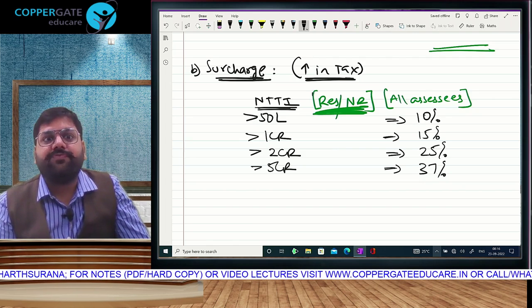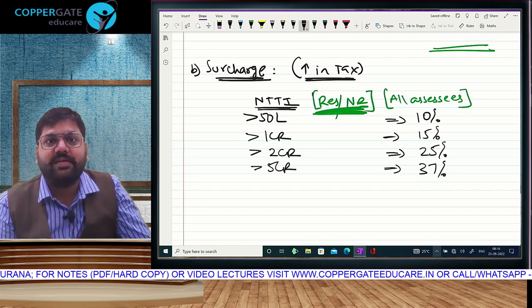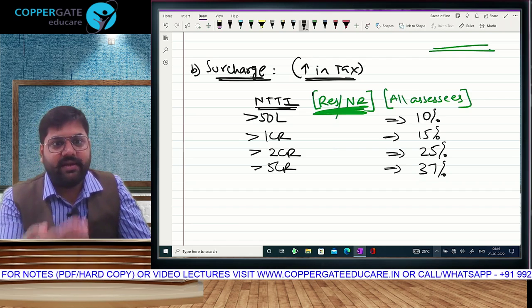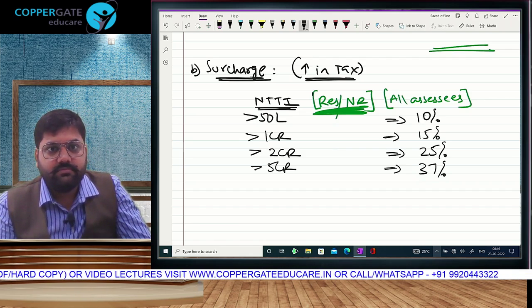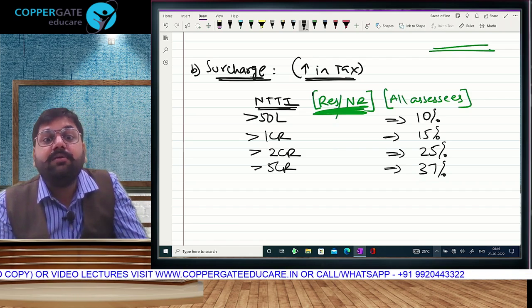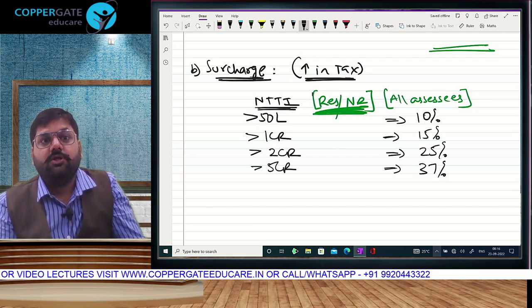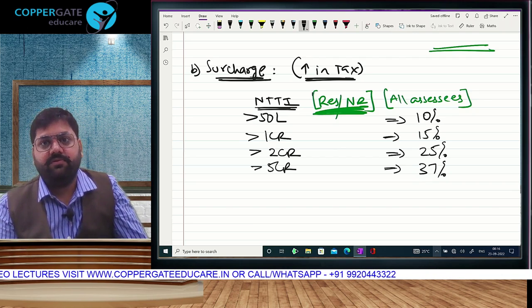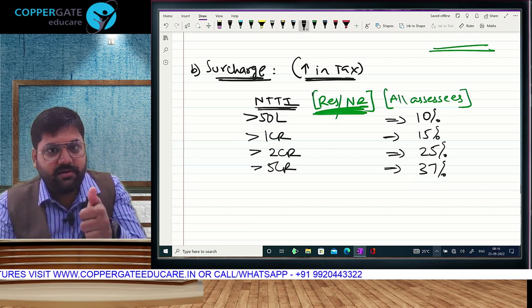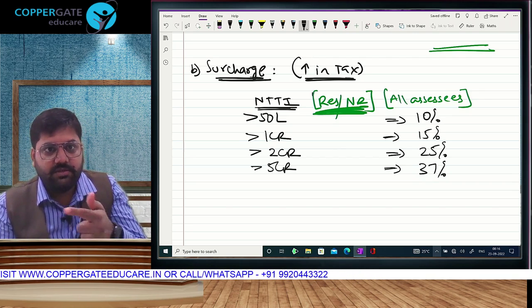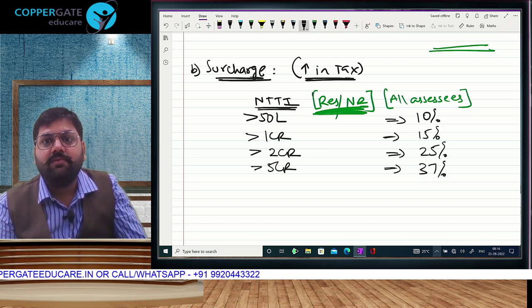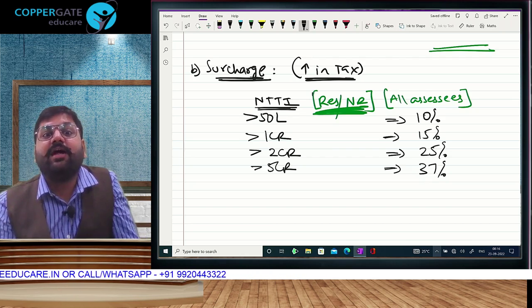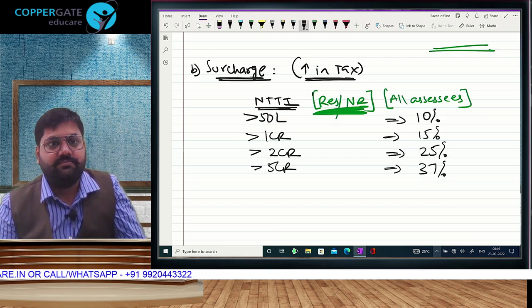It can be none of them. People having income between 5 lakhs and 50 lakhs, 8 lakh, 10 lakh, 20 lakh, neither rebate nor surcharge. But it can never be both of them. Use your brain and be clear on this. It can be rebate, surcharge, none of them, but never both of them. Rebate and surcharge can never happen together for the same assessee.